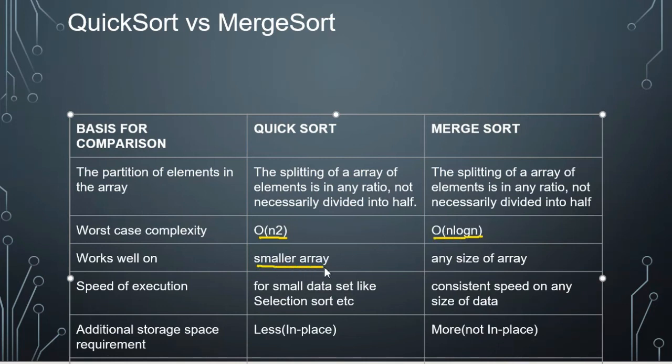Quicksort works efficiently on smaller arrays, and merge sort works efficiently on arrays of any size. From this we know the speed on small data will be fast in quicksort, and merge sort speed will be consistent on any size of array. As quicksort is cache efficient, it uses less space in memory, and merge sort uses more space in memory.